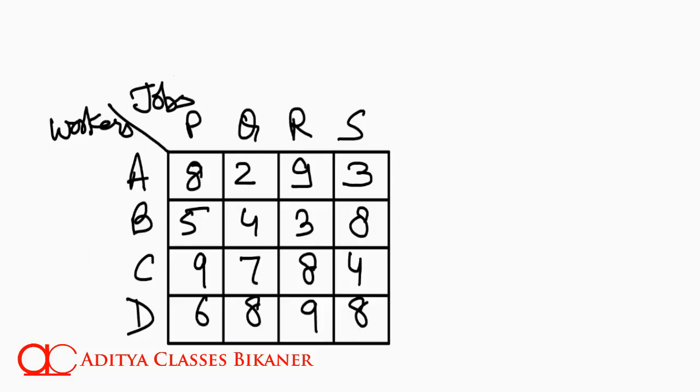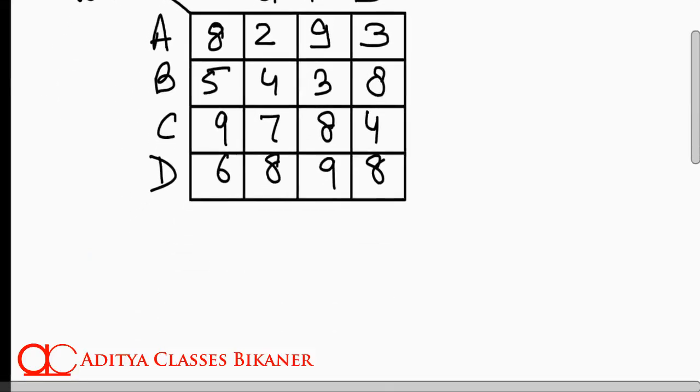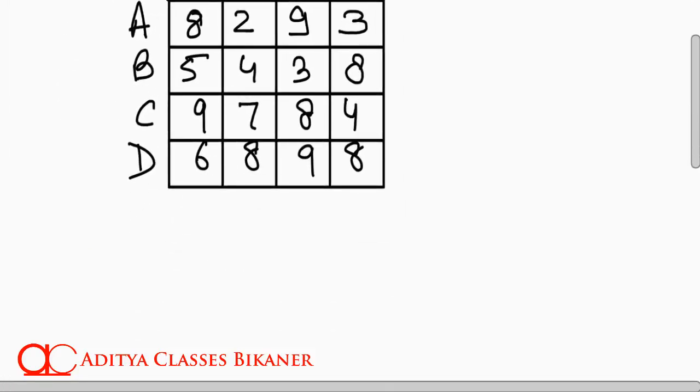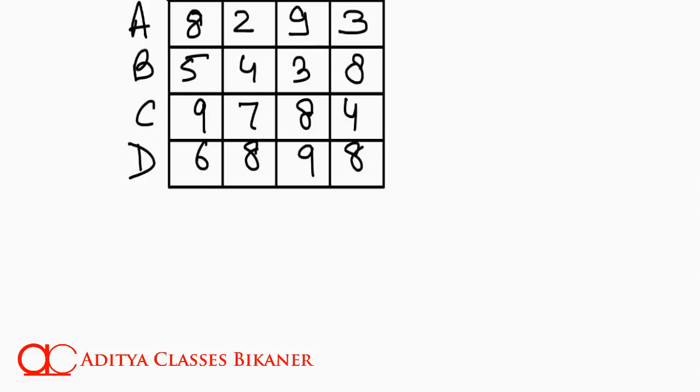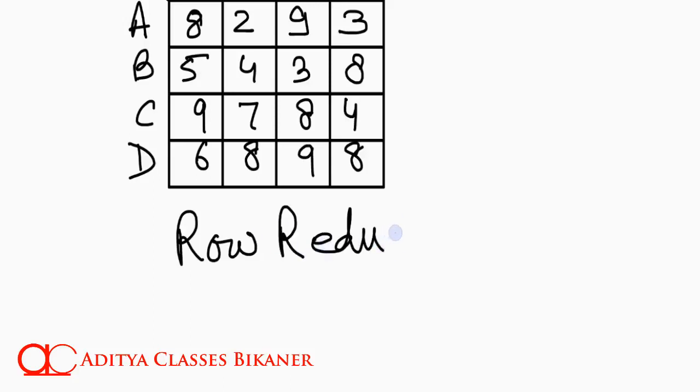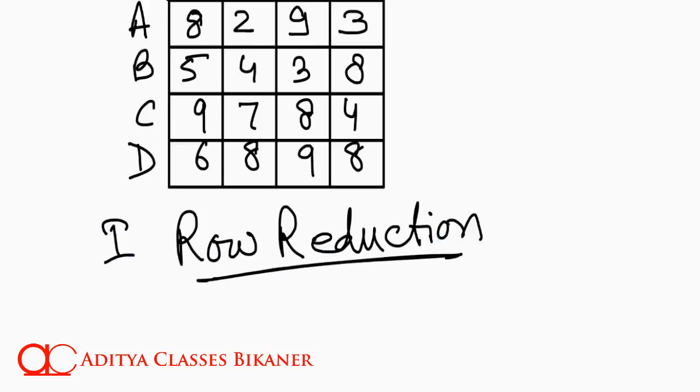In order to solve these problems, first we need to do a row reduction. What is row reduction? Row reduction is a step wherein I'll be reducing every row in a way that it will have at least one zero. So the first step that we take is row reduction.